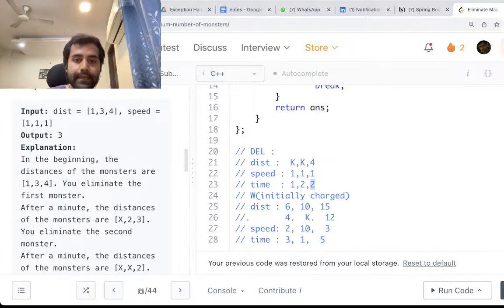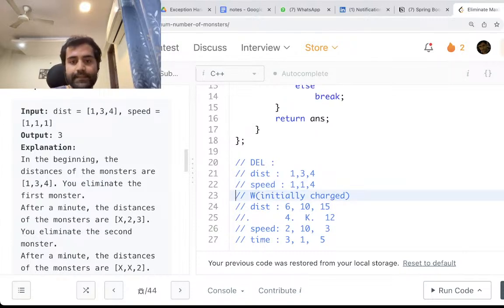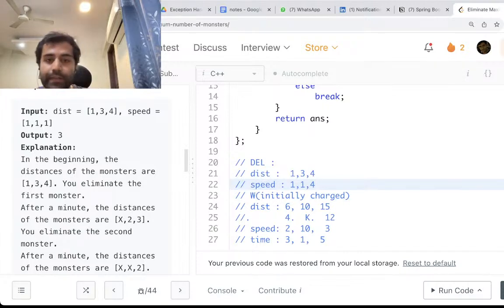But let's say you had a slightly different test case. You had 1, 3, 4, okay, and let's say this value happened to be 4, okay. In this case, can you tell me what would be your answer? What is the maximum number of monsters that you could have killed in this particular scenario?